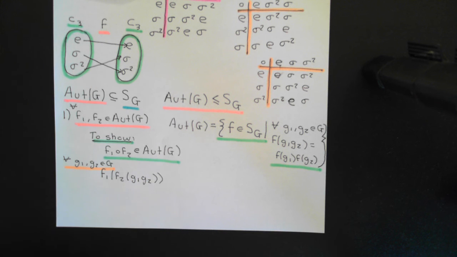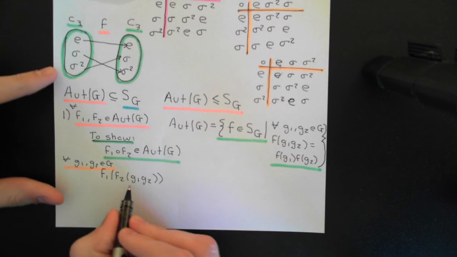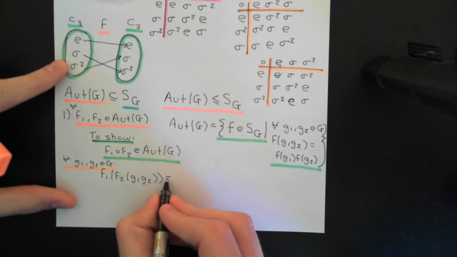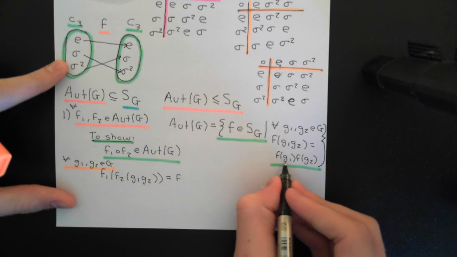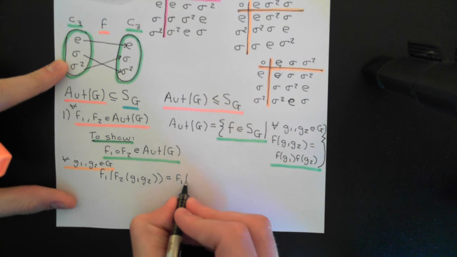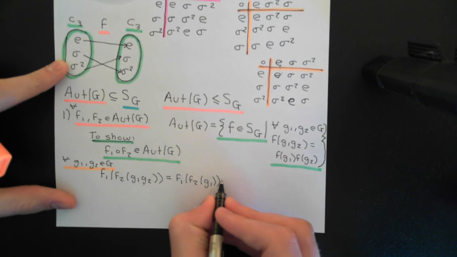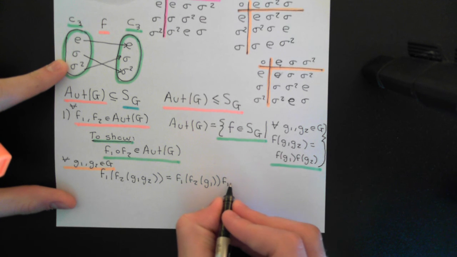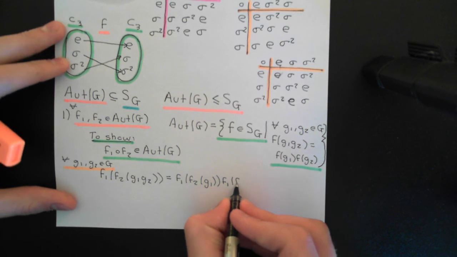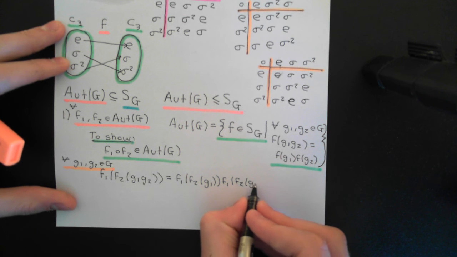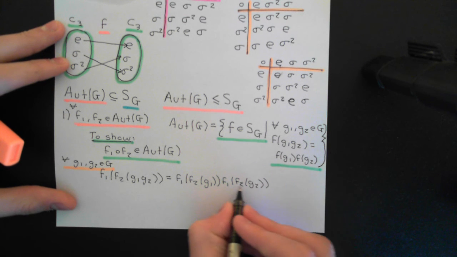So I need to show that for all g1 and g2 elements of the group, F1 of F2 of g1 composed with g2 is equal to, and now let's have the other side, F1 of F2 of g1 composed with F1 of F2 of g2. And I've dropped the composition symbol for the group.